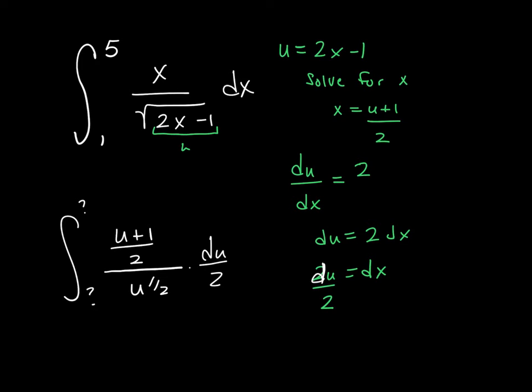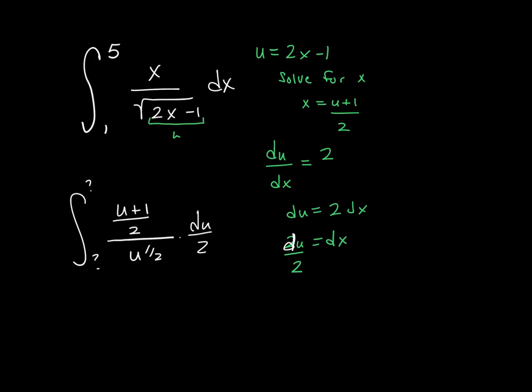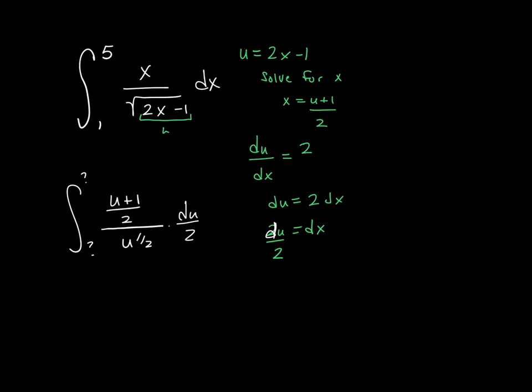And now we get to simplify all of this. There are a couple ways to simplify it. I'm going to do it on the side. I think it's important for us to do this first one this way. So I have u plus 1 over 2. That's the first part of this, correct? The du I hold off to the side for a second, but what I'm really saying is I'm dividing all of this by 2u to the 1/2.